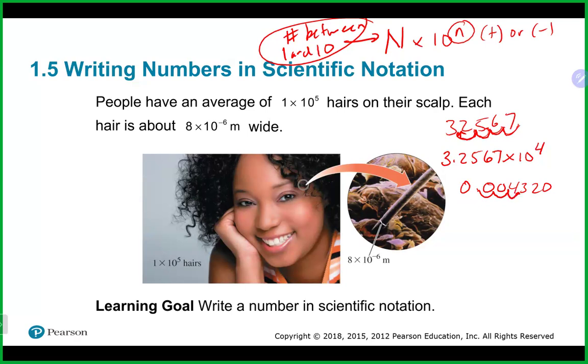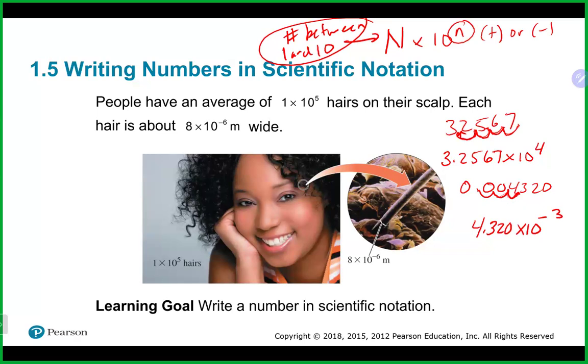One more place, and that's going to give us 4.320 times 10 to the negative 3. I think I went 1, 2, 3. There we go, negative 3. This is a negative exponent because we moved the decimal place to the right, or it's a small number, is a way you can remember that. Basically, less than 1 will be a negative exponent.